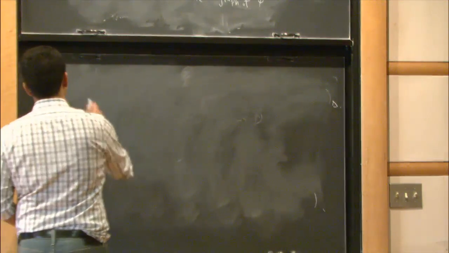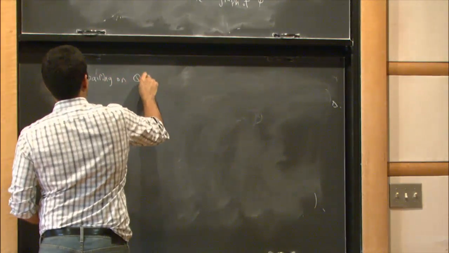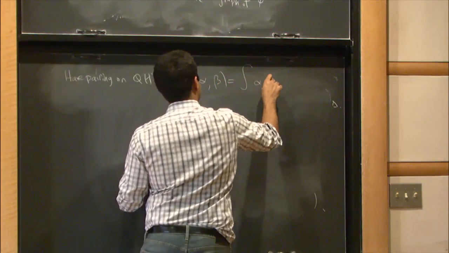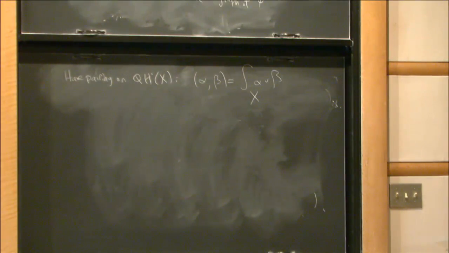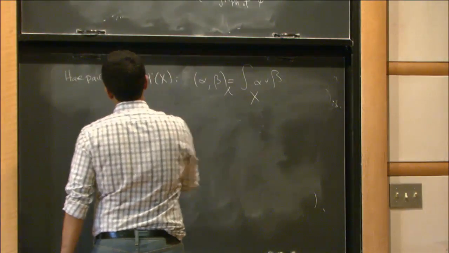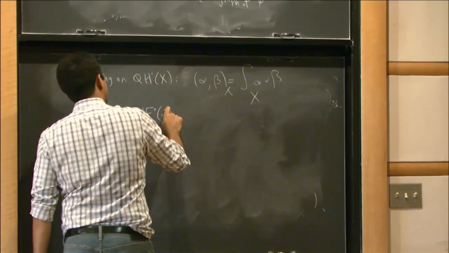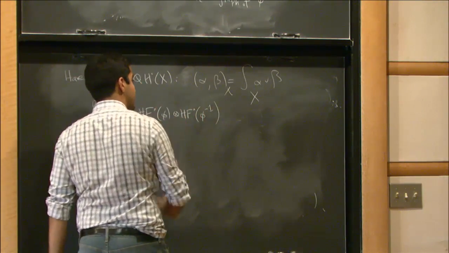Maybe I'll start by stating how these pairings relate to this structure. We have a pairing on quantum cohomology, just given by classical cup product and integration. And we have a pairing between the fixed point Floer cohomology of phi and the fixed point Floer cohomology of phi inverse, generalizing this pairing.